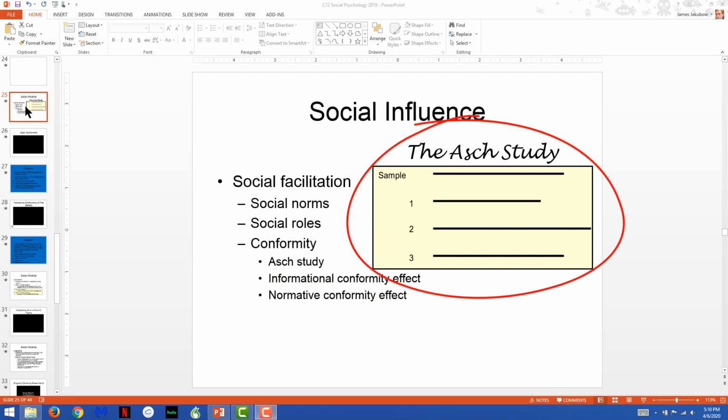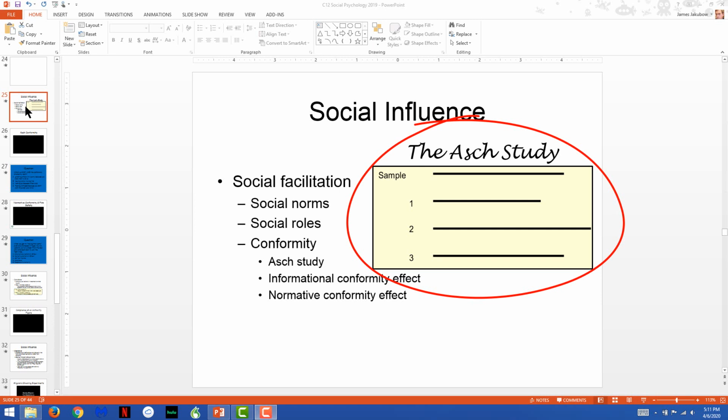Conformity studies largely get their start back in the 1950s with a fella named Solomon Asch. And Asch creates a study which uses deception to evaluate the conformity of a single individual subject in a room full of Confederates that are working with Asch.